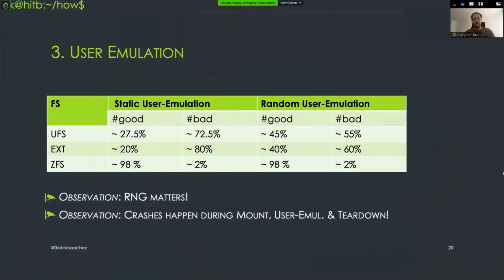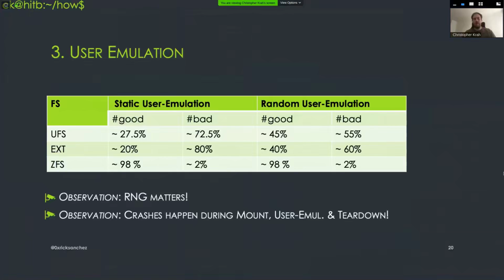So if the ZFS file system is still valid, most of the commands just execute fine. The 2% bad executions are because of bad arguments being rolled or some other weird side effects, but it has nothing to do with the actual ZFS file system being in a critical state.